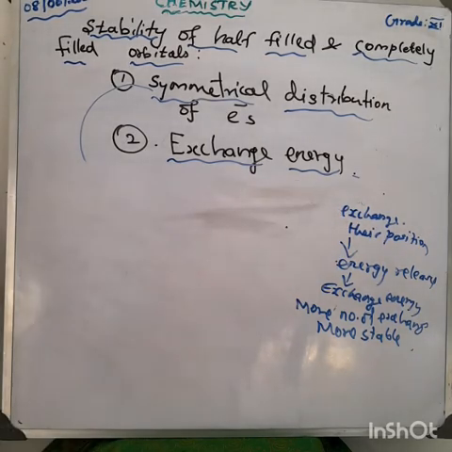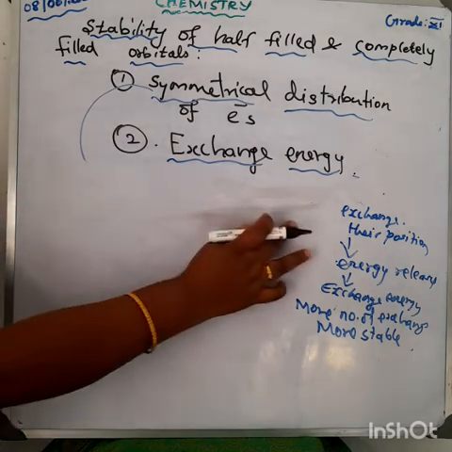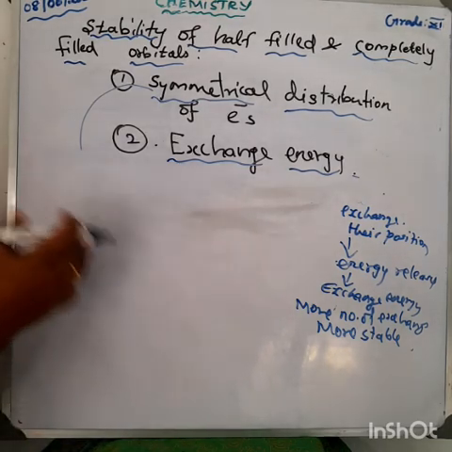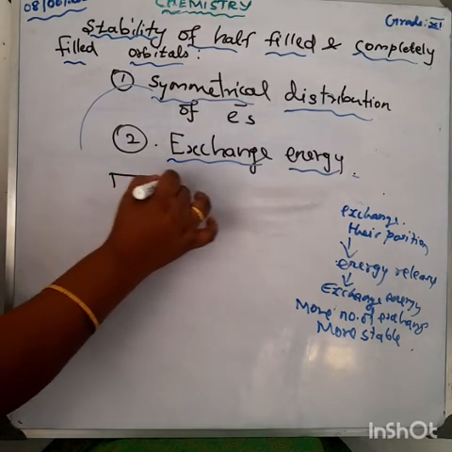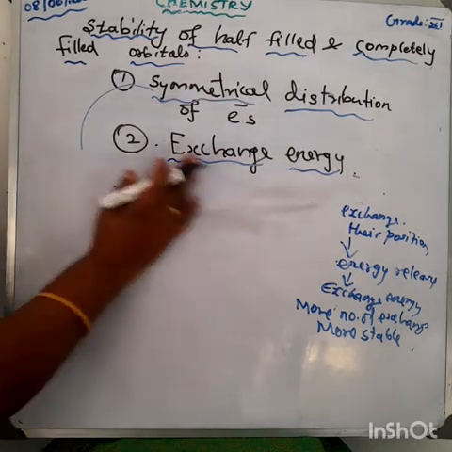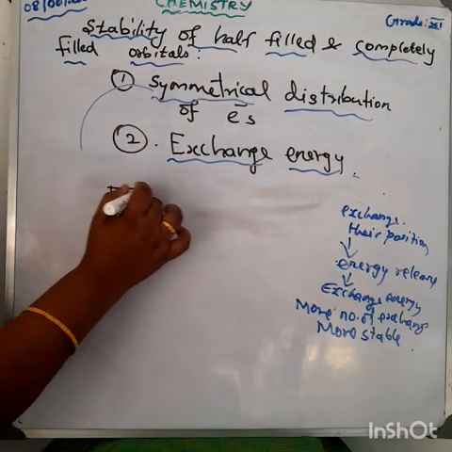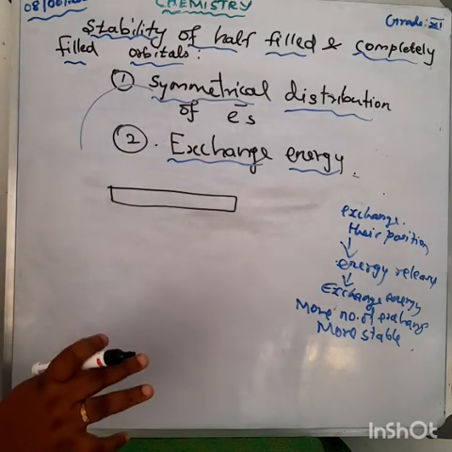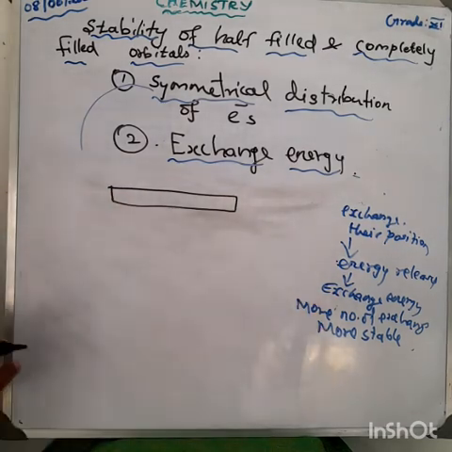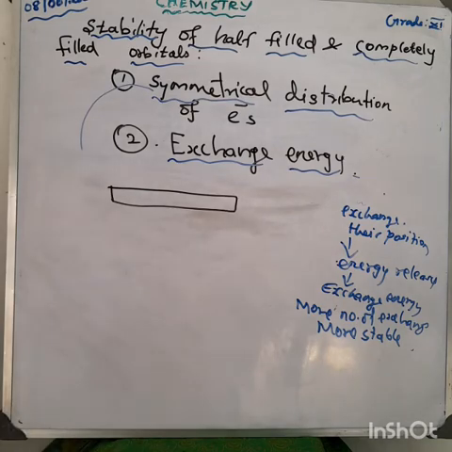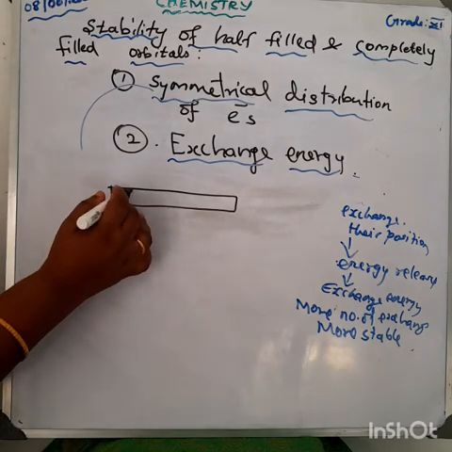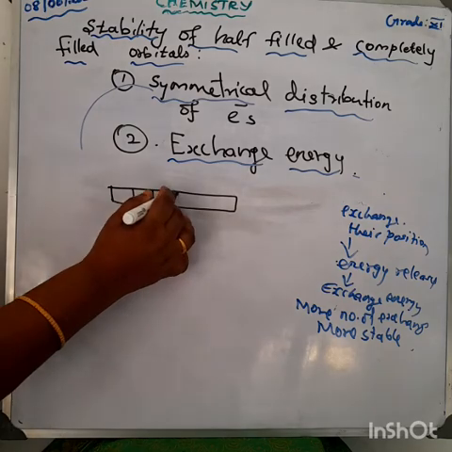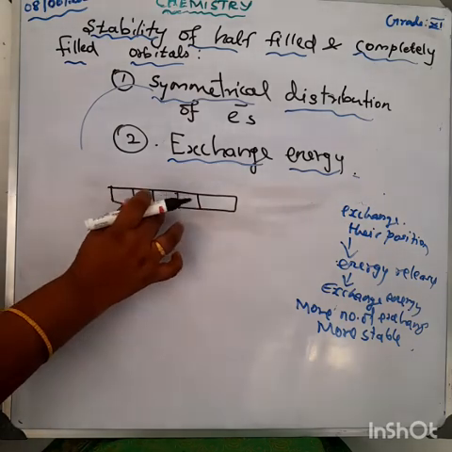Higher exchange energy means the orbital has a higher number of possible orientations. Those orbitals release more energy, so they are more stable than lower exchange energy orbitals.